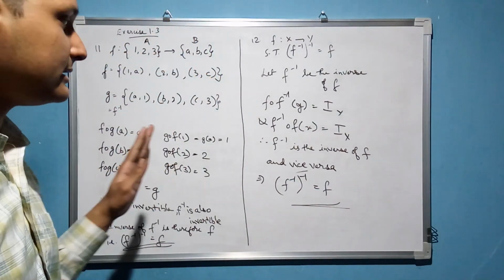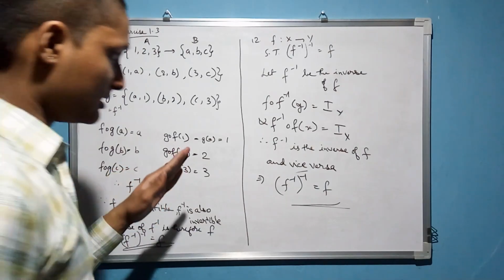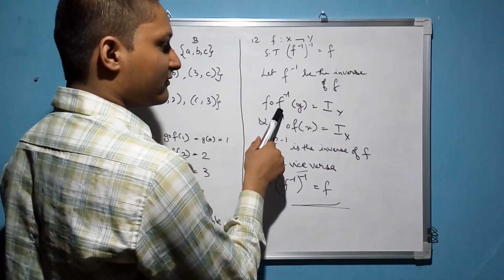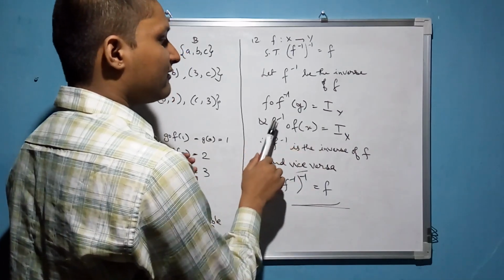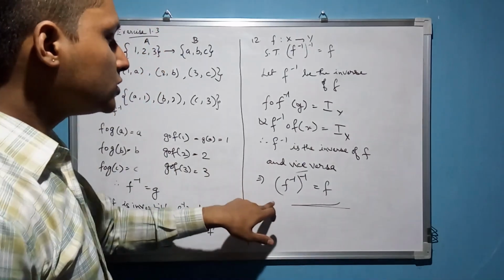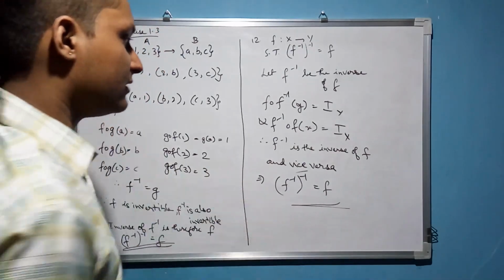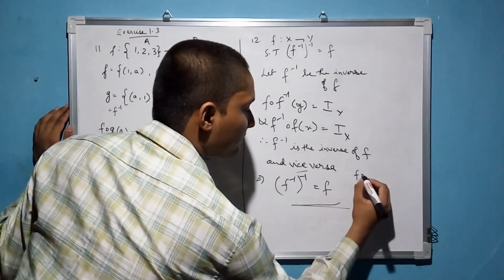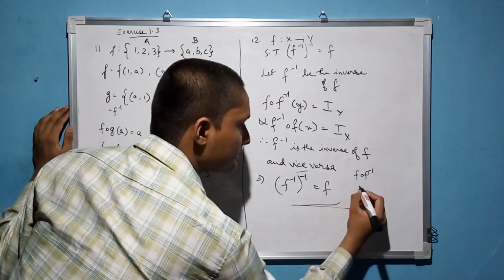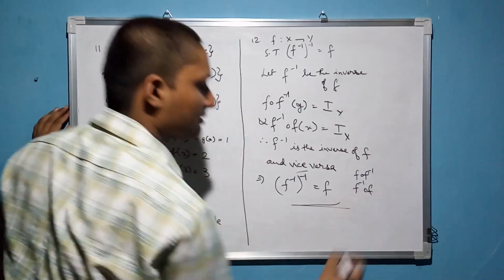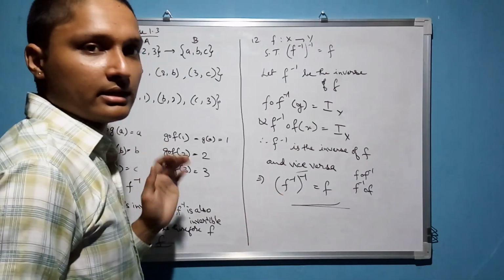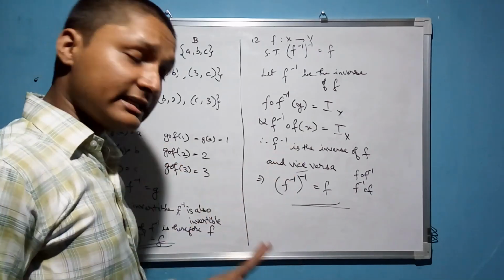So how did I get this? I'll just explain once more. I think this is a bit confusing here. You proved that f dot f inverse is I_y and f inverse dot f is I_x. So how do you find the inverse of f inverse? If f is the inverse of f inverse, then f dot f inverse and f inverse dot f should be the identity function.